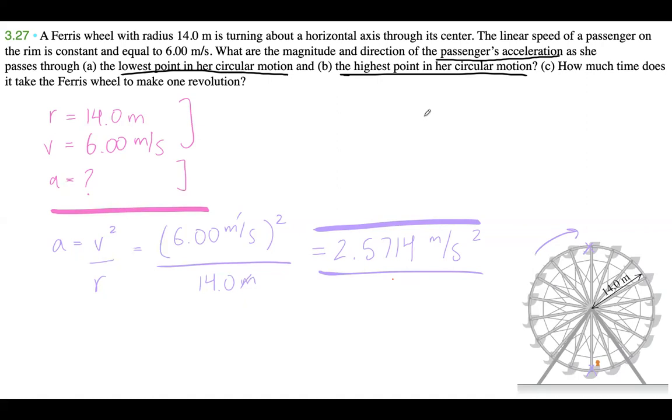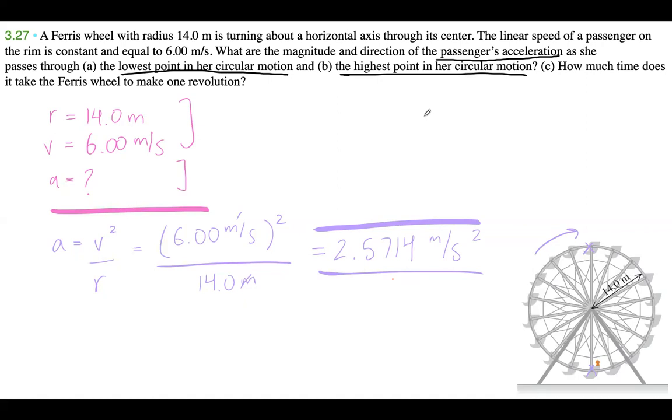So our acceleration, both at the bottom and at the top of the Ferris wheel, is going to be 2.5714 meters per second squared. Now all we really have to do is figure out the direction of the acceleration.